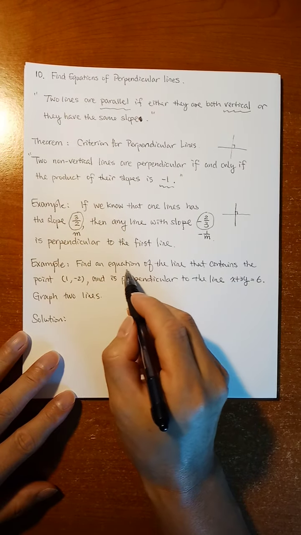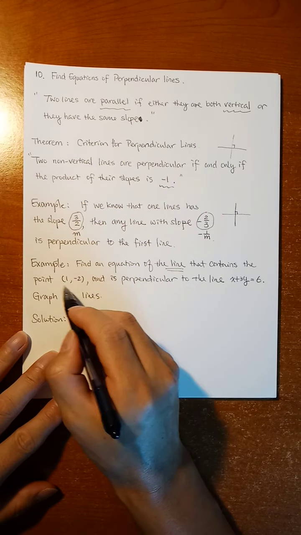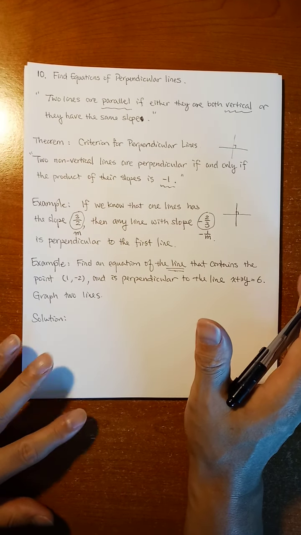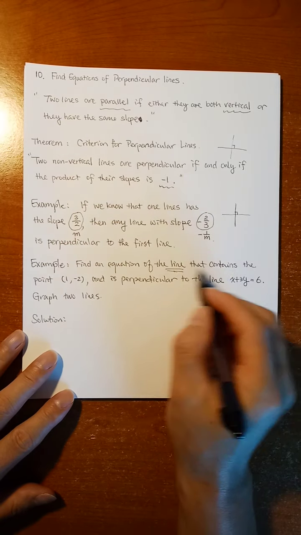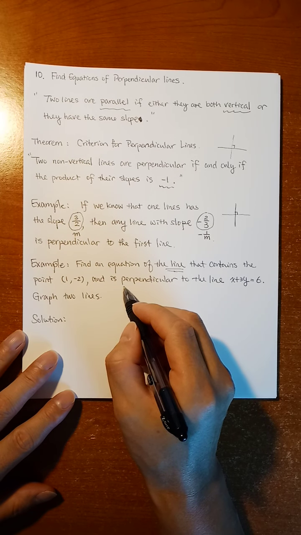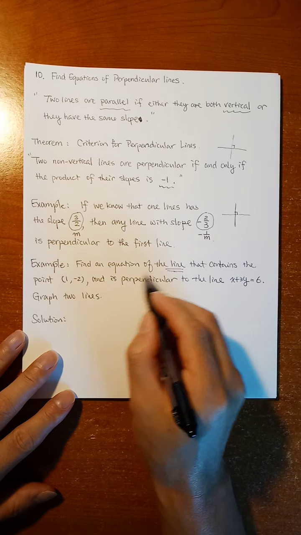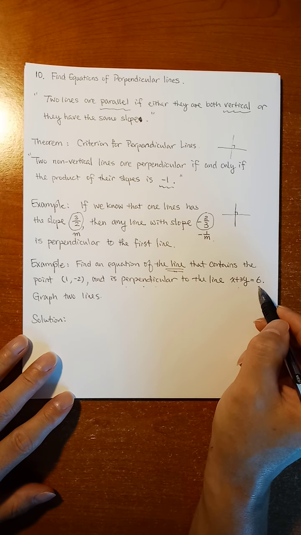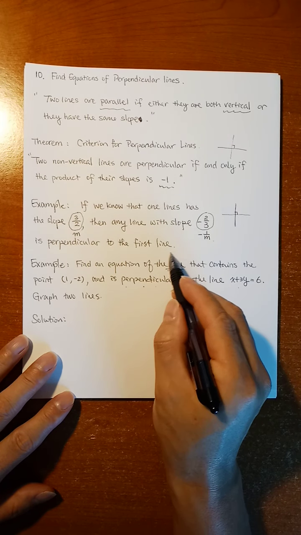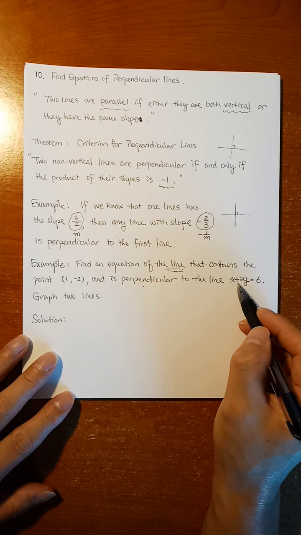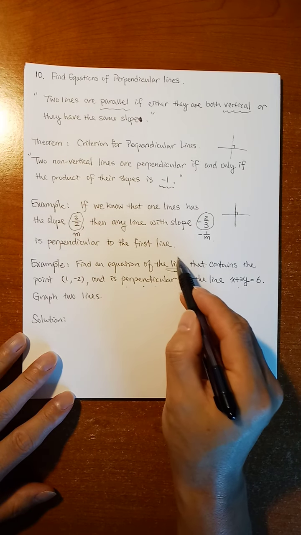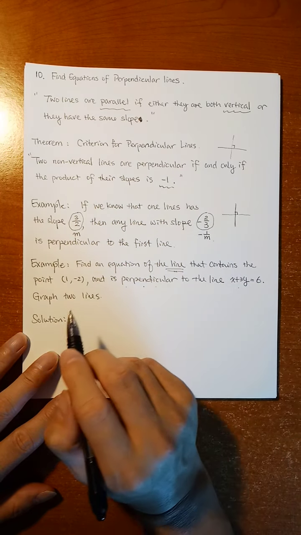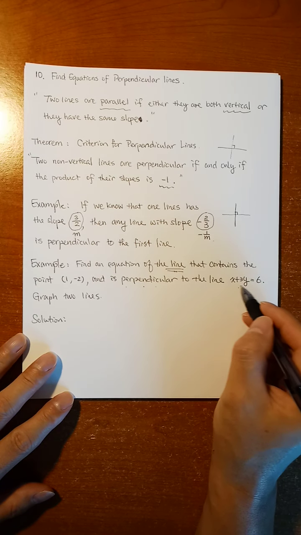First of all, we are looking for the equation of a line containing a point. So if we can find the slope of this required line, then we will have a point-slope form. But the slope is not directly given. The problem gives us a property. This line is perpendicular to the second line, x plus 3y equal to 6. Perpendicular means the product of the slope of the required line times the slope of the given line is equal to -1.